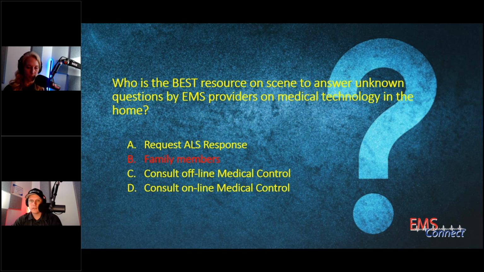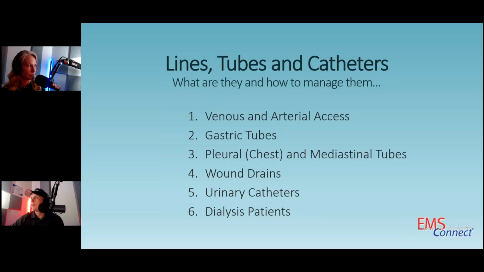What do you do to make this work, or how do you use this? Especially in your pediatric population, nobody knows how to work the babes' tubes better than the mother or the father. So I absolutely ask family about the best way to utilize any equipment the patient might have on them before I touch or do anything. It's the best way to instill confidence from the family and the patient and to gain their trust too.